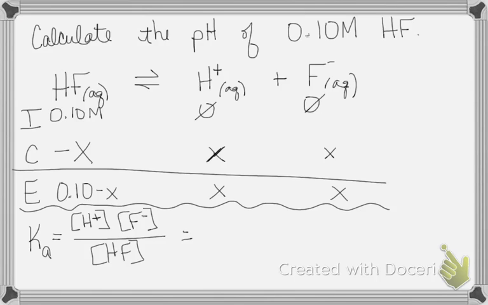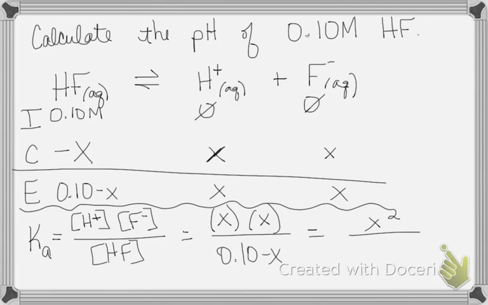So in other words, it's X times X divided by 0.10 minus X. Isn't that all saying X squared divided by 0.10 minus X? Now I know that for this problem, the Ka is equal to X squared divided by 0.10 minus X.